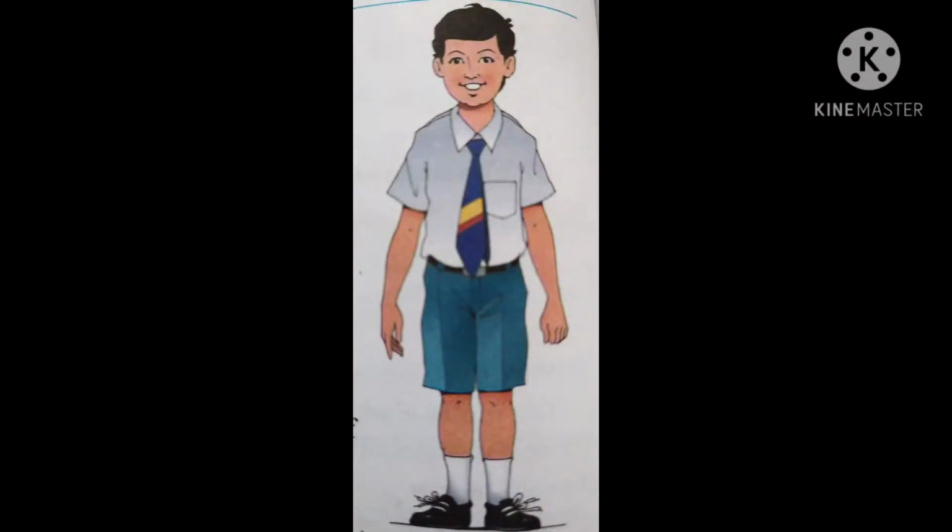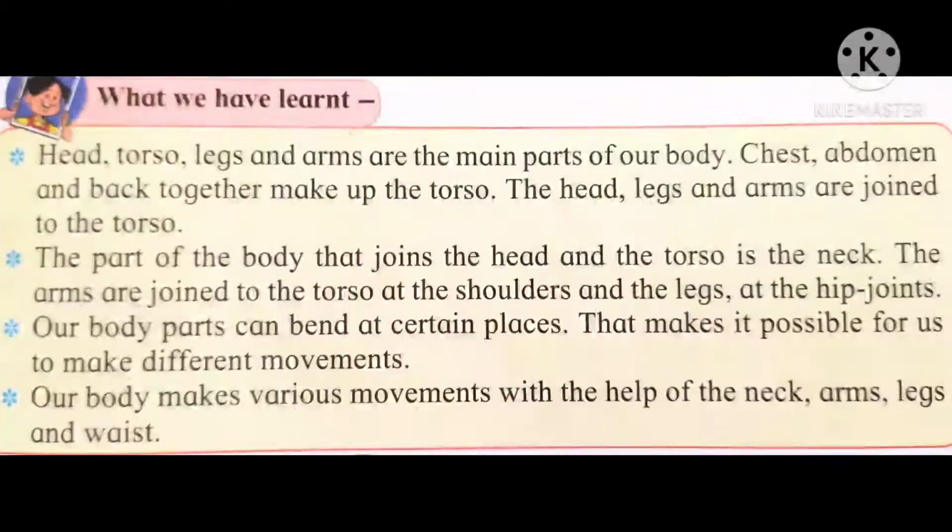Understood, children? So, what we have learned today: head, torso, legs, and arms are the main parts of our body. Chest, abdomen, and back together make up the torso. The head, legs, and arms are joined to the torso. The part of the body that joins the head and the torso is the neck.